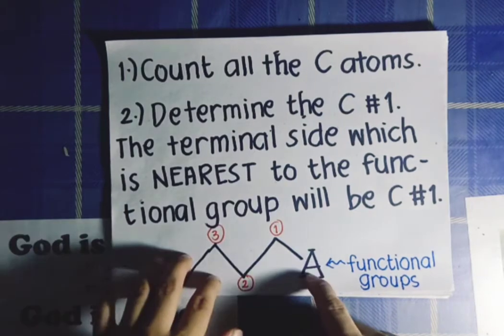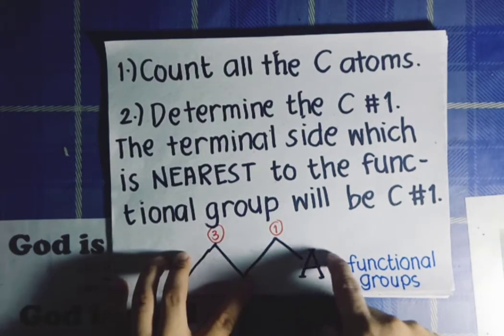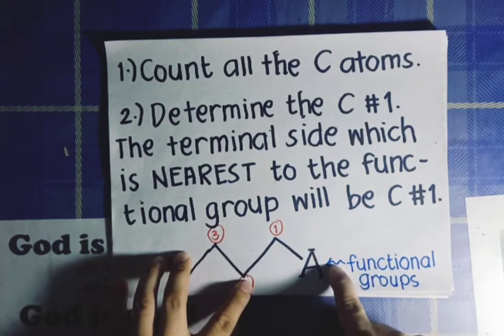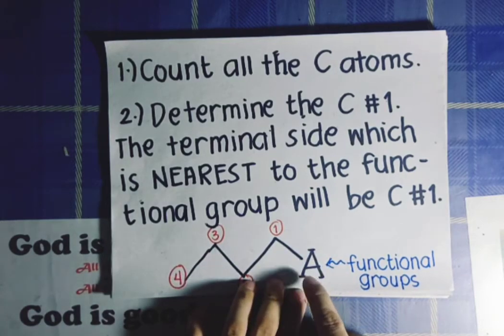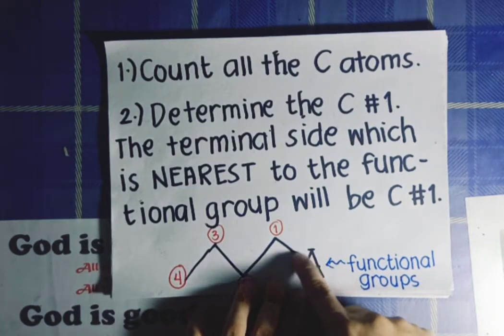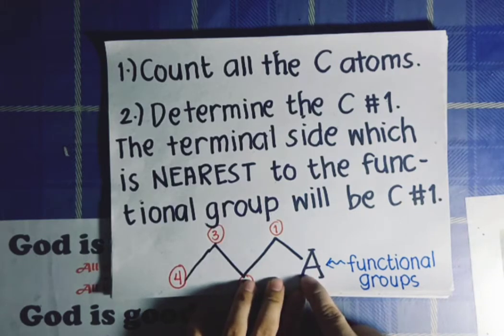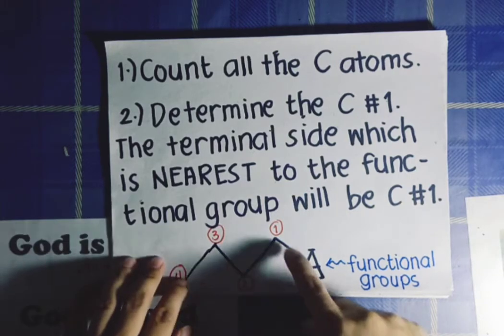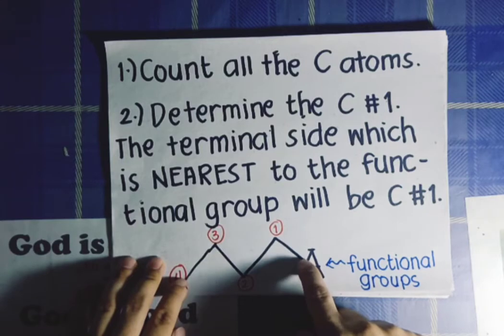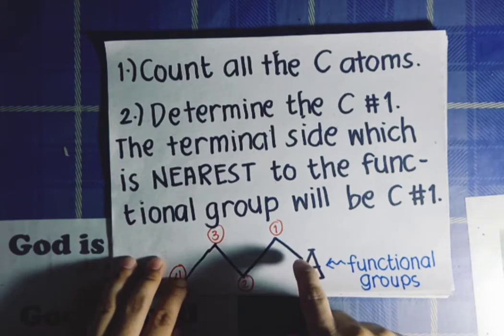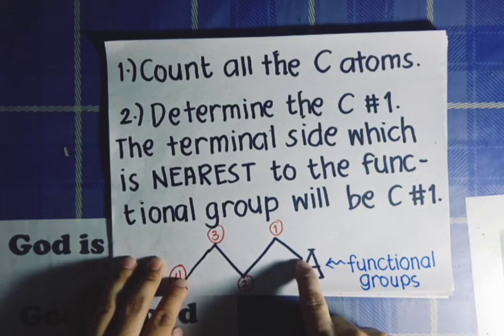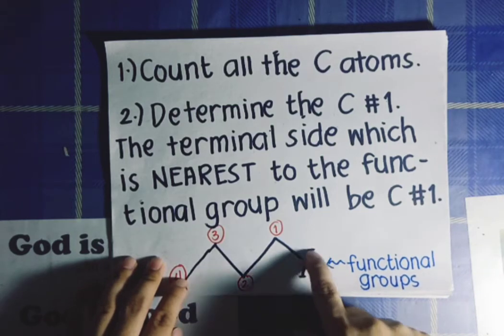For example, here, we have here an organic compound with hypothetical functional group. Let's say, for example, our A here is our functional group. Okay. Now we have here two terminal sides, this one and this one. This is not our terminal side here because this terminal side here is not made of carbon. It is rather made of a functional group of other elements.